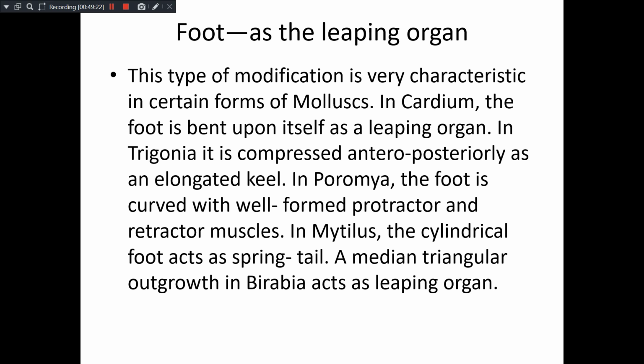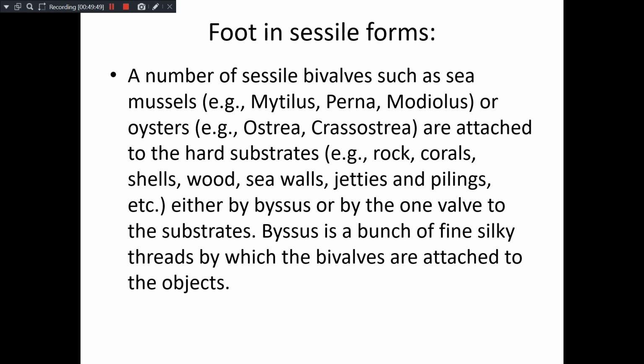In another example, in Pholas, the foot is curved with well-formed protractor and retractor muscles. In Mytilus, the foot is cylindrical and it acts as a spring tail. Another median triangular outgrowth in Barbatia acts as a leaping organ.